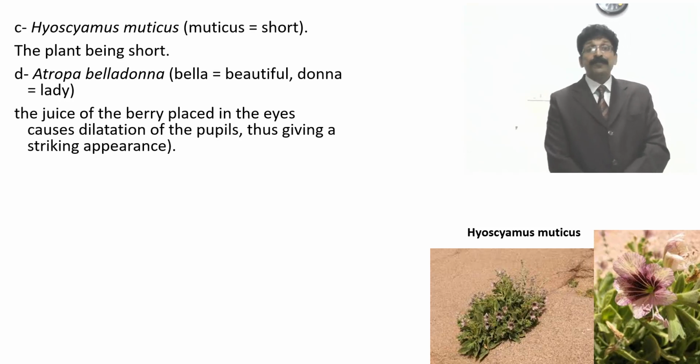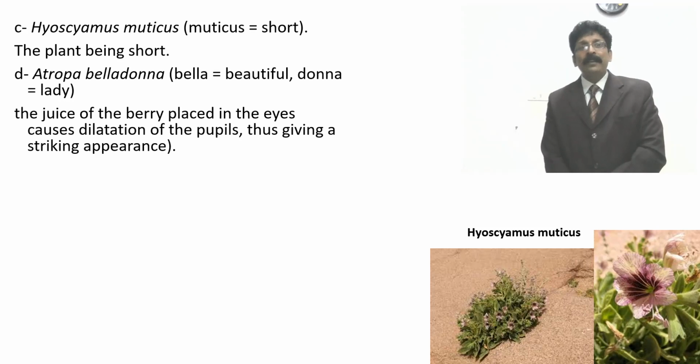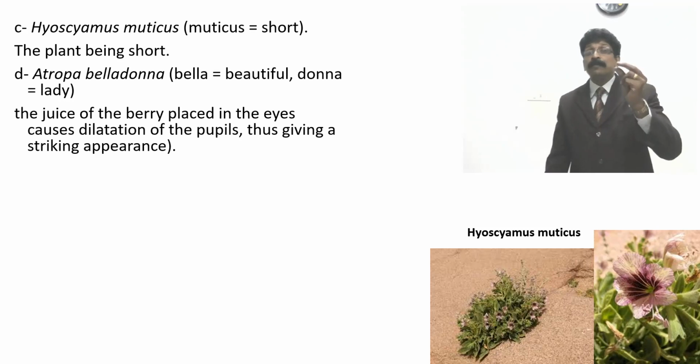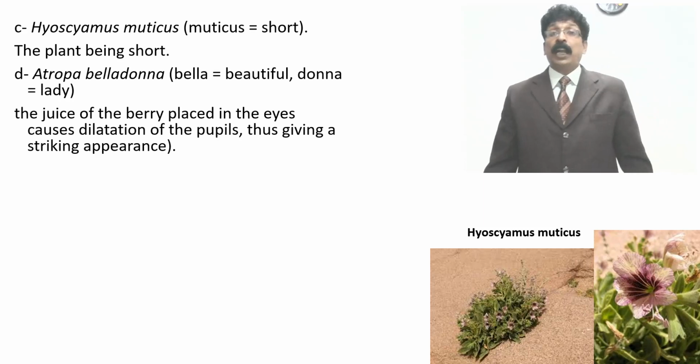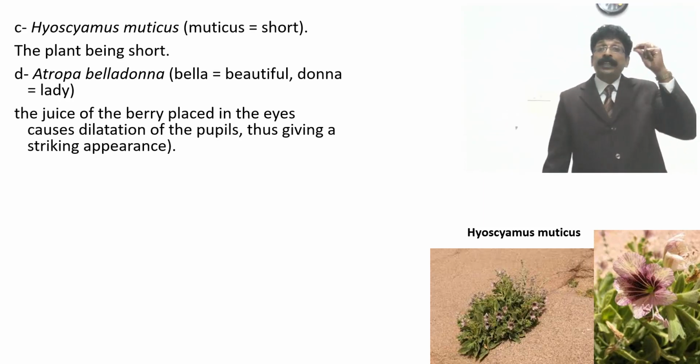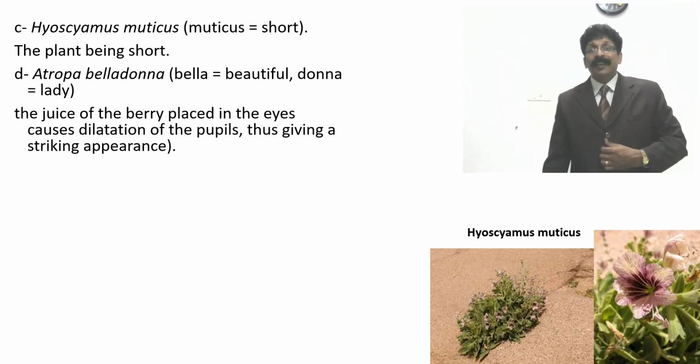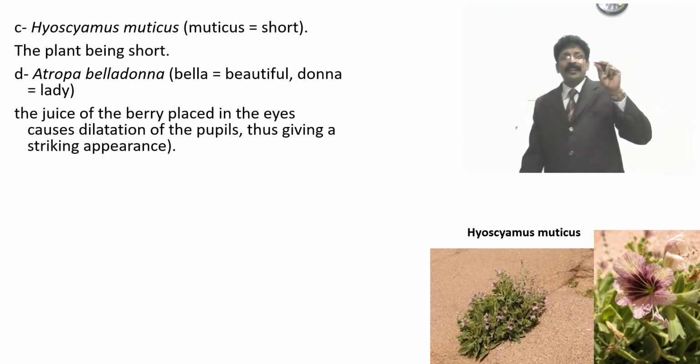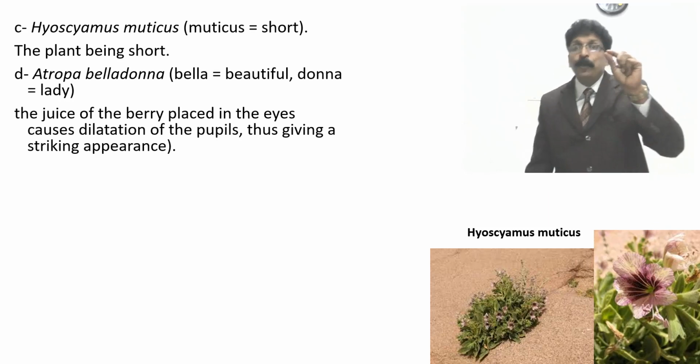In Egyptian times, they were using the juice of the berry, the juice of the fruit obtained from Atropa belladonna. The females used to squeeze it and put it in the eye, and the pupil of the eye dilates.